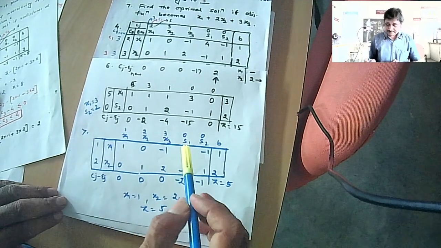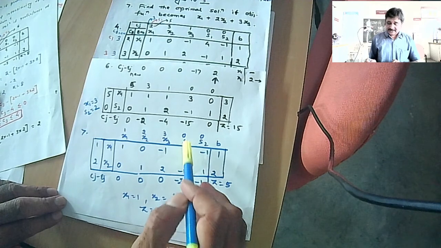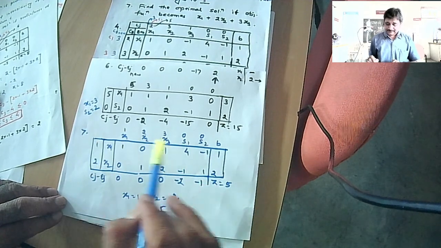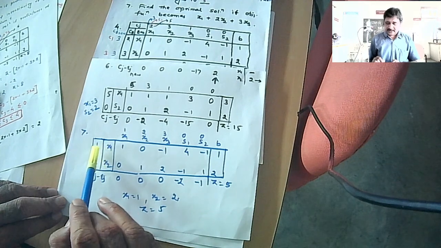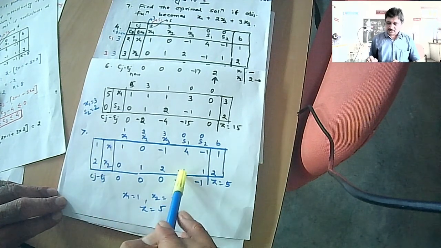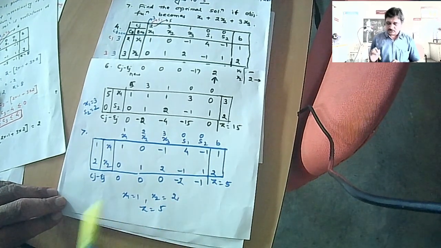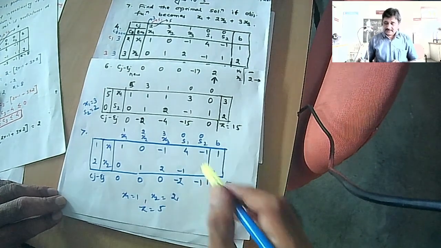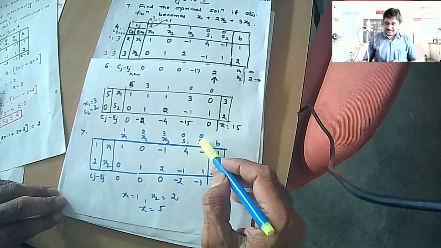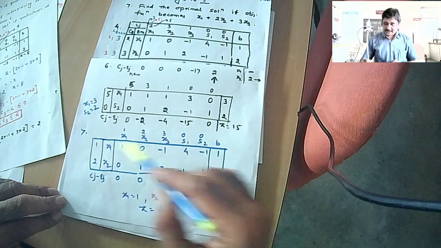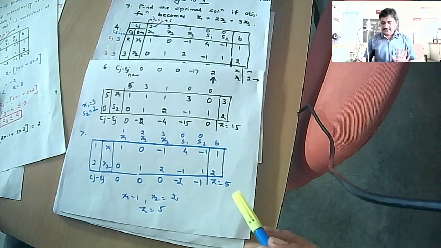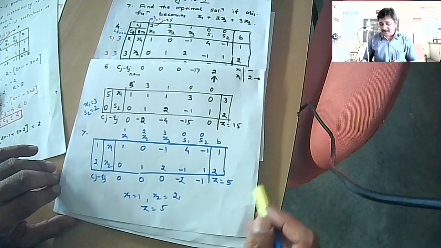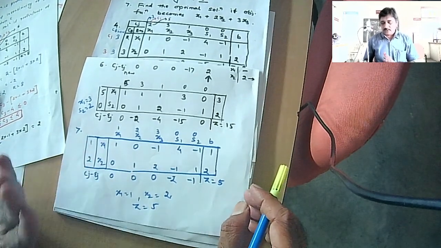And then Cj minus Ej for S1, we will first find Ej: 4 minus 2, 2, 0 minus 2, minus 2. That's right. Then Cj minus Ej for S2, Ej is minus 1 plus 2, 1, 0 minus 1, minus 1. All Cj minus Ej's are less than or equal to 0, so you don't have to do anything.